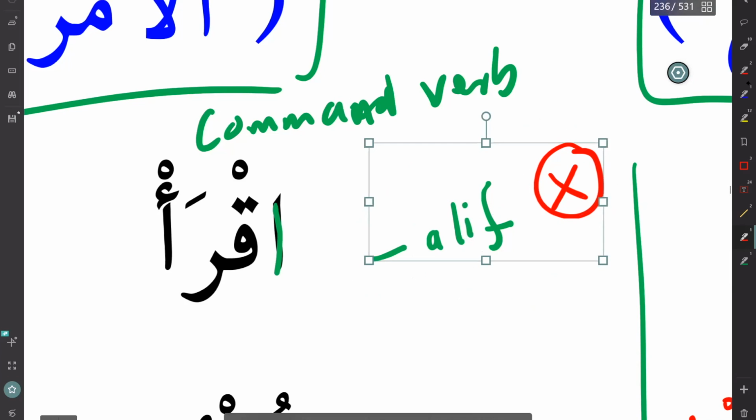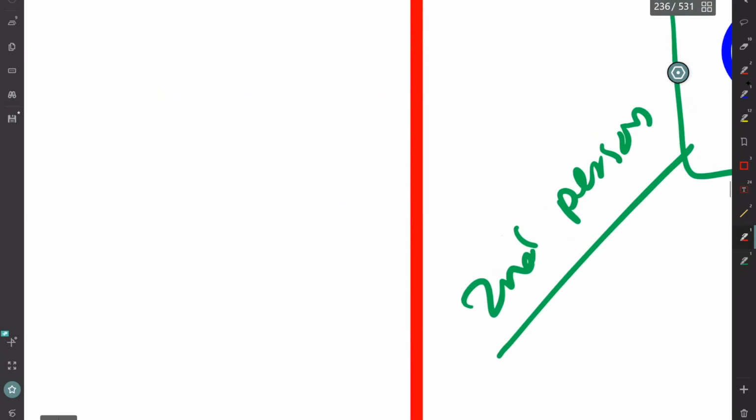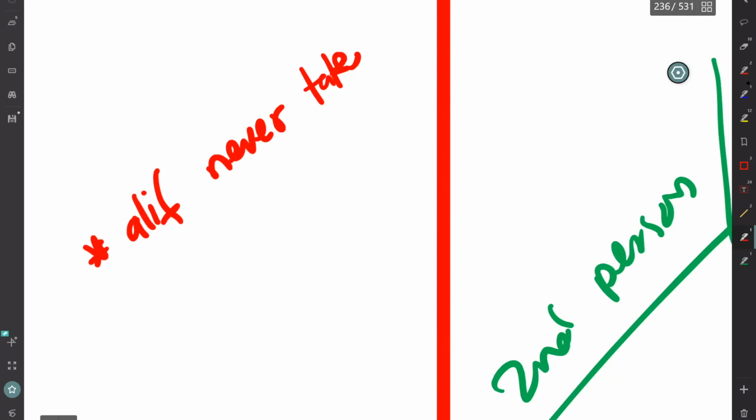There are a few things you need to know about alif. Alif is one of the very unique letters in the Arabic language. Alif never takes a harakat, meaning vowels.